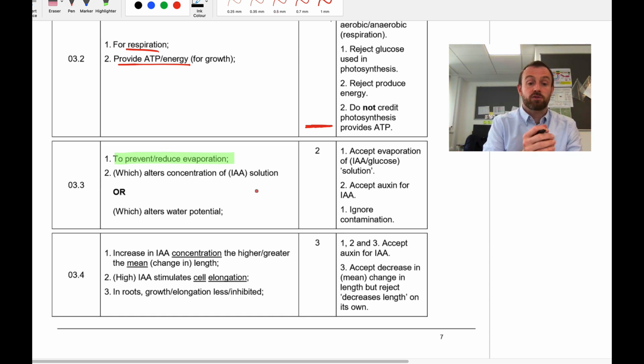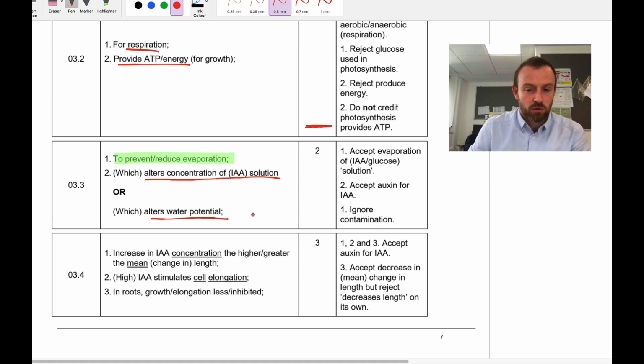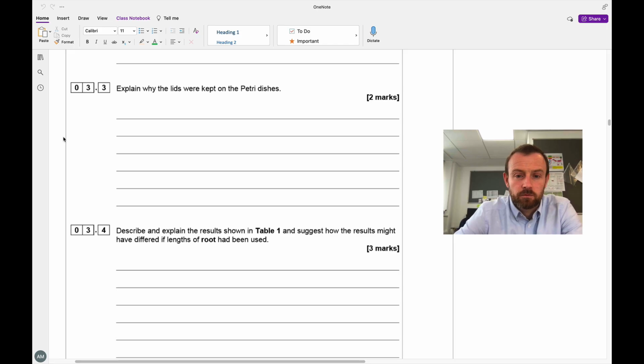So the IAA concentration would be increasing, and therefore that would mess up the experiment. So evaporation would alter the concentration of IAA, or you could have just said reducing evaporation would alter the water potential of the Petri dish, potentially harming the seedlings.